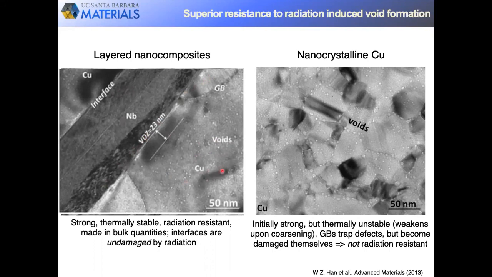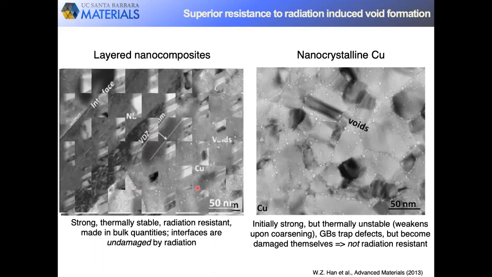In fact, the voids do occur inside the copper, in the interior, but not close to the interface. There's a void denuded zone that forms. It seems to be resistant to forming any voids, even far from the interface, about 20 nanometers. This material had 200 nanometer layer thicknesses.